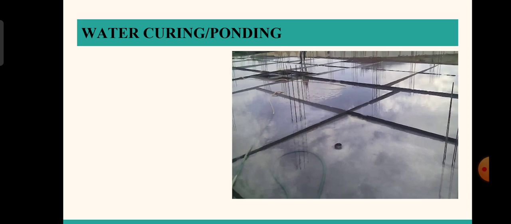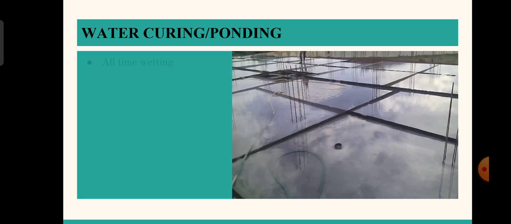Usually this method is very frequently used in all the construction practices in the building or any of the curing of the floor slab, etc. So here, when you take up ponding of the concrete, continuously wetting of the concrete surface is done in this method without allowing the concrete surface to dry.